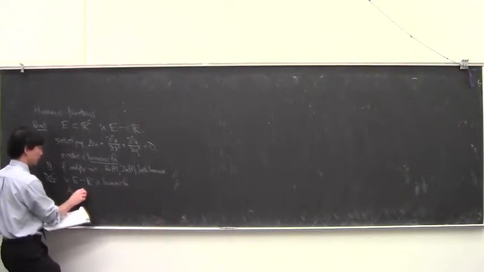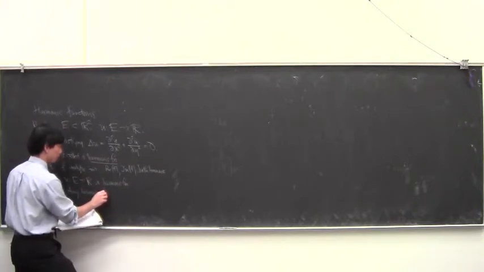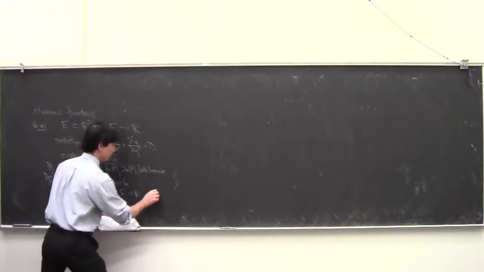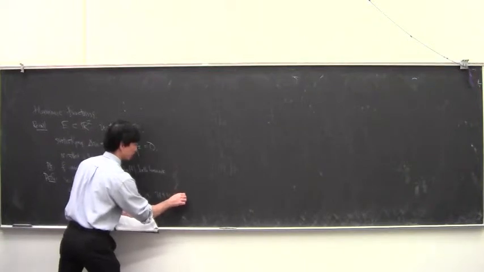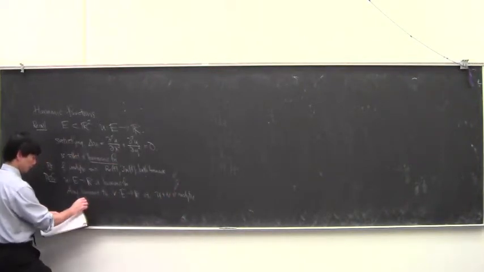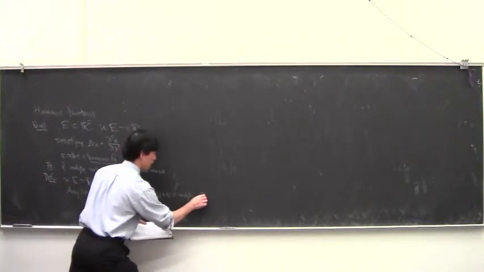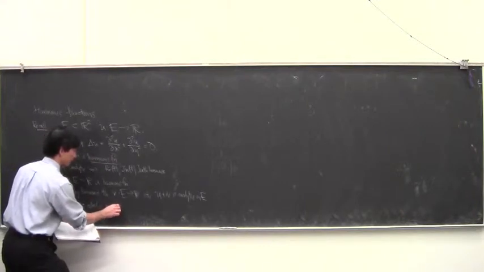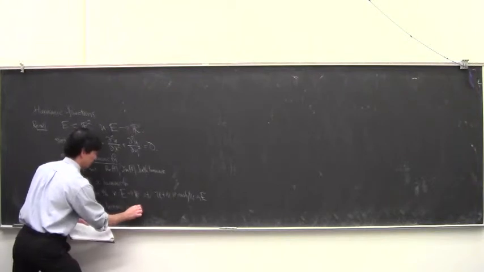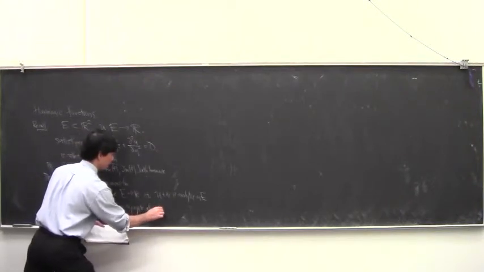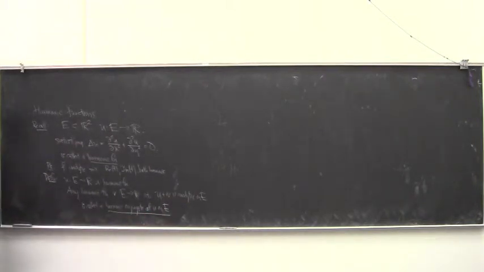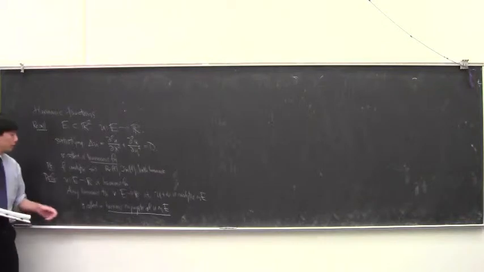Any harmonic function v such that u plus iv is analytic on E is called a harmonic conjugate of u on E. So here's some harmonic function.